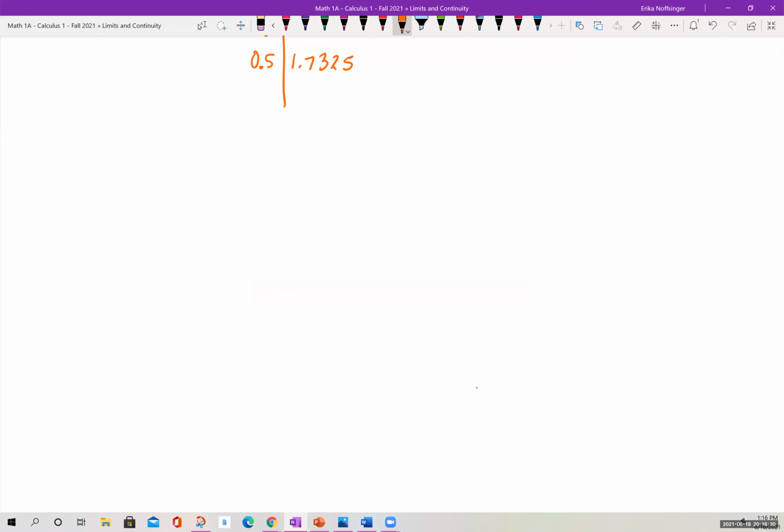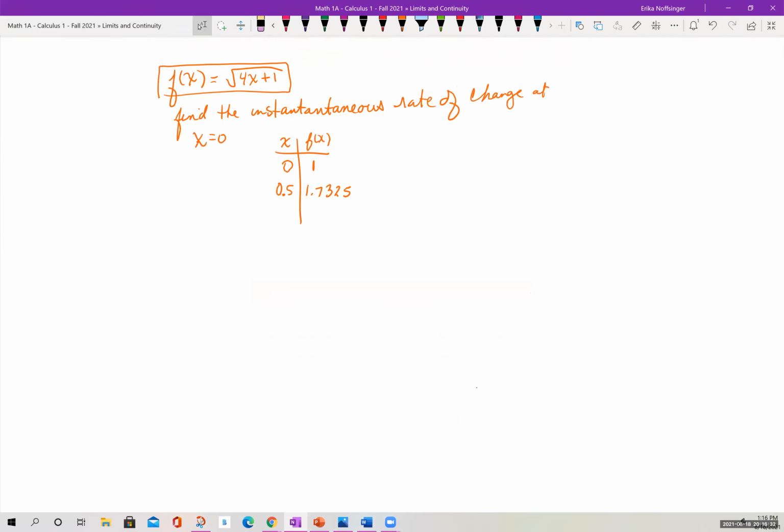We know that our slope between these 2 points is the change in y over the change in x. Well, 1.7325 minus 1, that's 0.7325, all over the change in our x, so 0.5 minus 0.